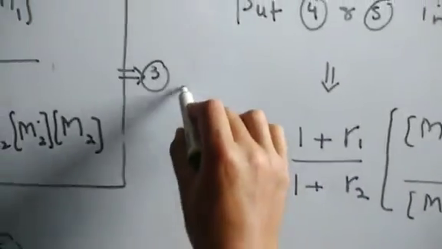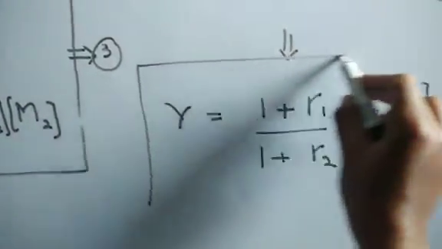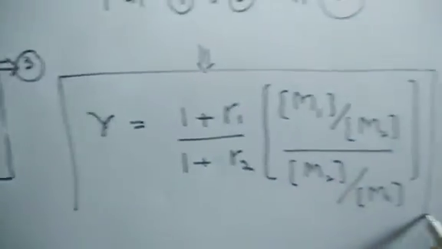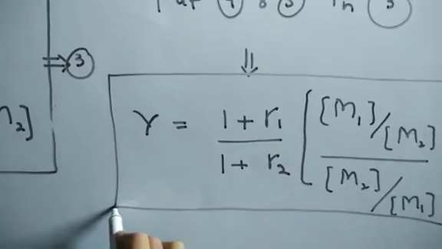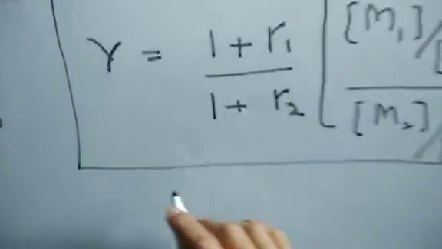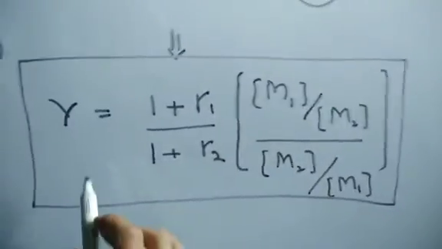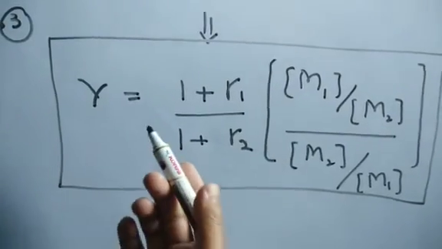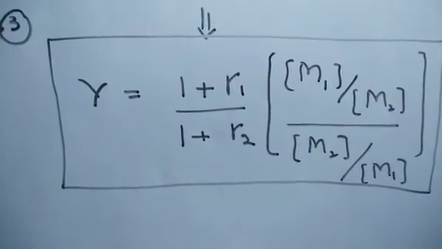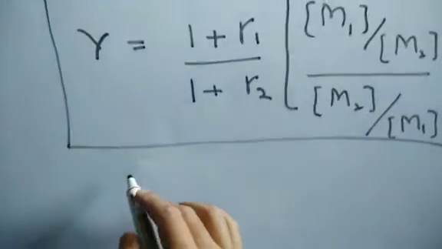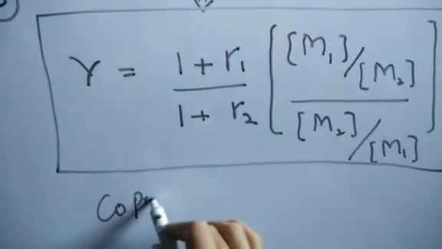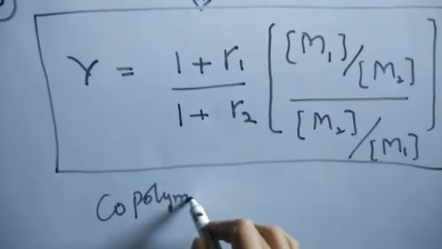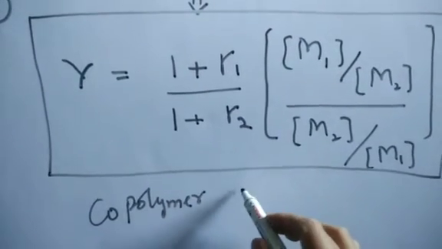So this is actually the final relation, which is called the copolymer composition equation. It is a final relationship which gives us an idea about the kinetics of the copolymer.